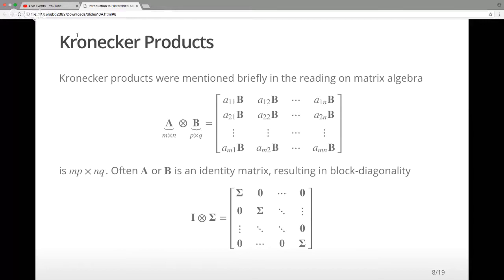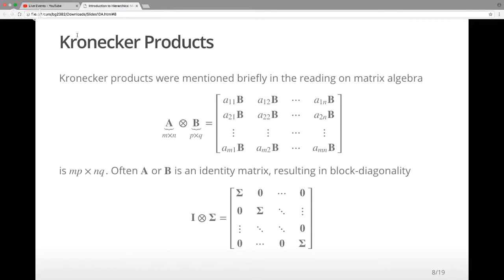The resulting matrix has a block structure where you take every scalar in the matrix on the left and multiply it by the entire matrix on the right, and then stick it into the corresponding box of the resulting matrix.